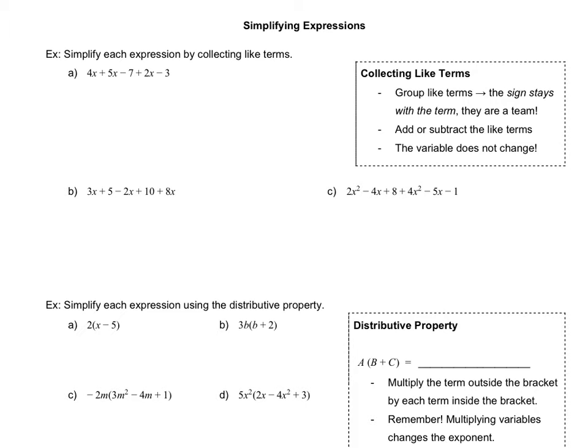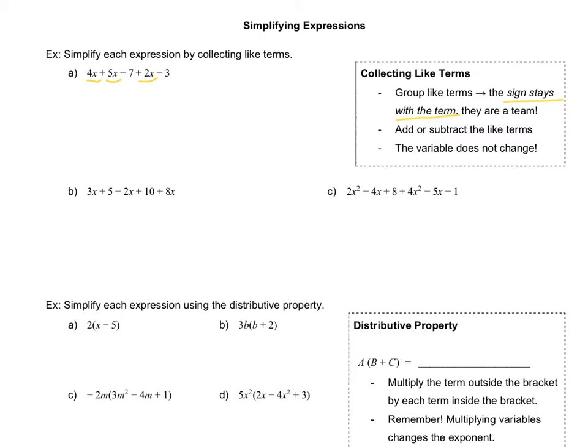So if we look at this first example, 4x, 5x, and 2x are all like terms. Something that is super important is that the sign in front of the term stays with the term. So when I move things around, the sign will come with it.